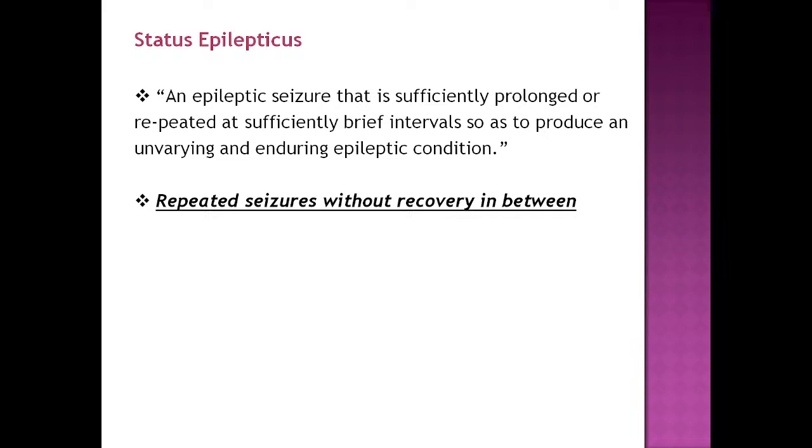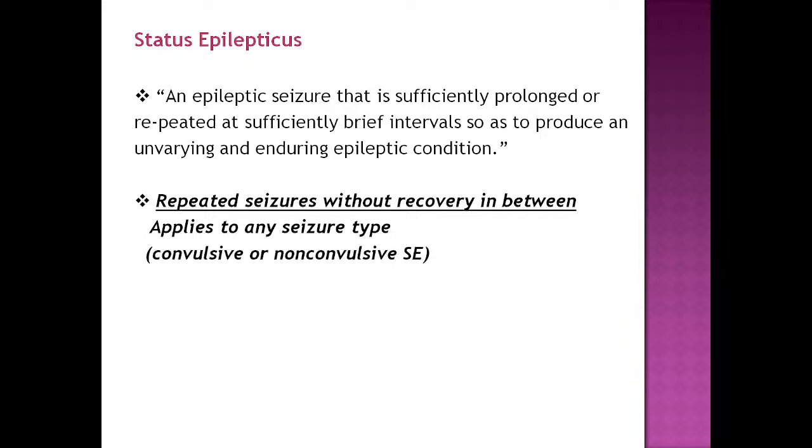Right? So these repeated seizures could be of any type, could be generalized, could be focal, there could be motor manifestations, there could be non-motor manifestations. So accordingly, you may sometimes call them as convulsive status epilepticus or non-convulsive status epilepticus. These are recognized terms. Convulsive and non-convulsive status epilepticus.